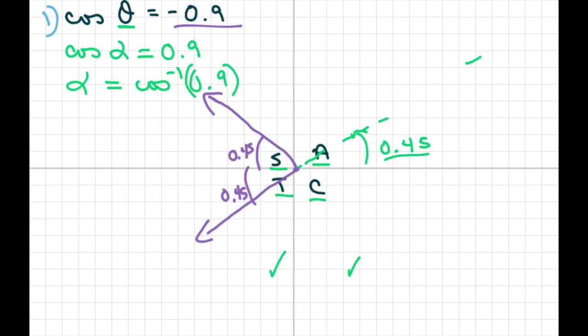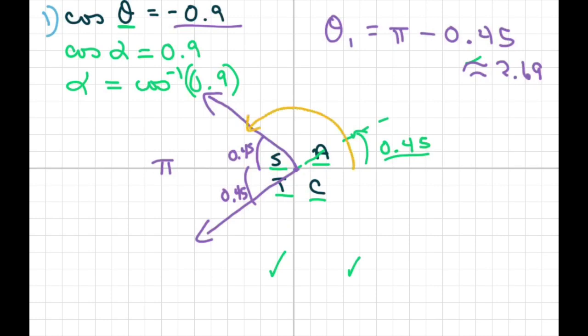So all I'm going to do is let my theta, my first angle, since this is pi, take pi minus 0.45, and that's going to give you approximately 2.69. So that angle is this angle right in here.